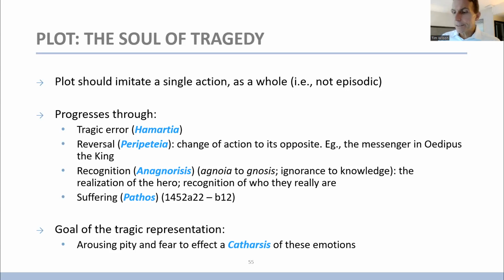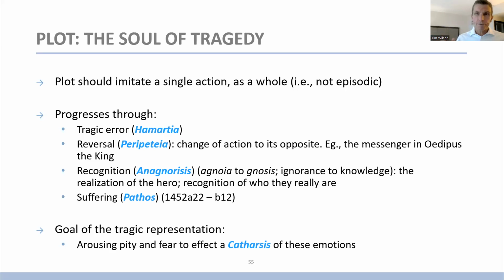So catharsis, there's a lot of critical ink spilled on trying to fully understand what this concept means, but one way of thinking about it is, we have pity and fear building up, and we need, let's say, a release valve, and we're able to arouse pity and fear and have them directed to this action that is presented for us, so that we can have them within a certain measure as we go about our daily lives.